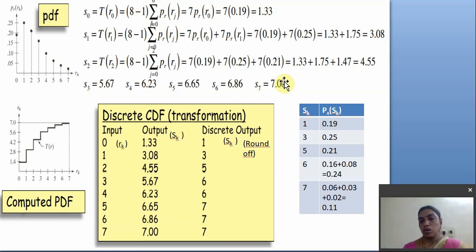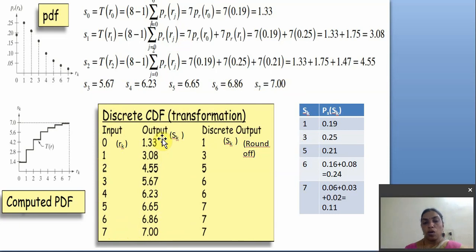After completing all these values, take another table. In the first column take the Rk values as 0 to 7. In the second column take the Sk values.